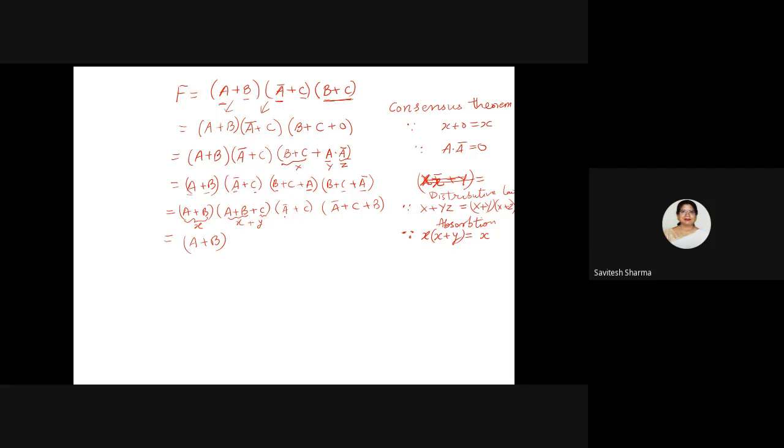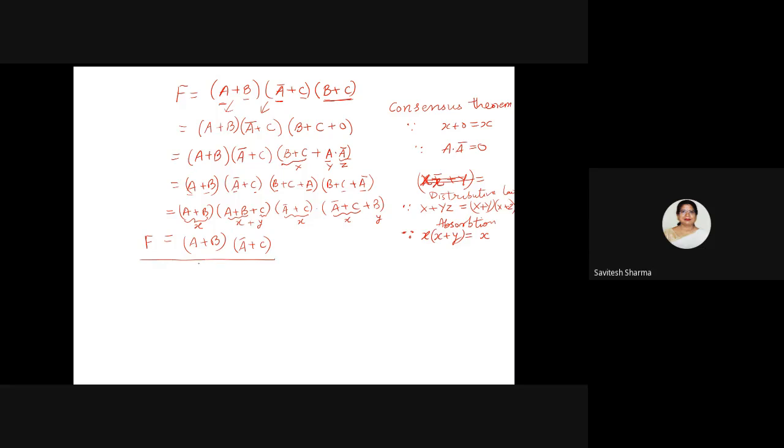Now see here, again I assume this a complement plus c is x, and b I am assuming y. So again you can apply this theorem. Again it is saying x dot (x plus y). So I can write it as x. What is x here? A complement plus c. So this is my final simplified expression, and you compare.